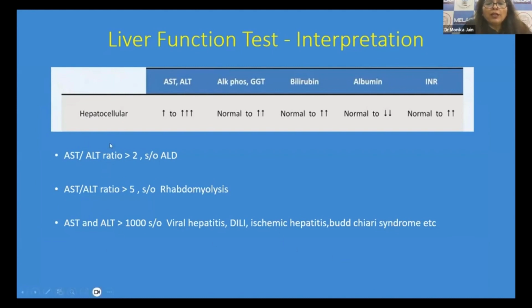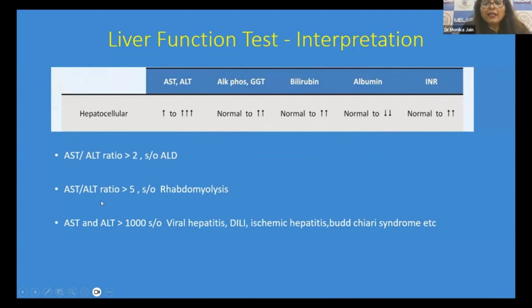Coming to hepatocellular injury, which I have explained, AST, ALT will be high, alkaline phosphatase may be normal or high, bilirubin may be normal or high, albumin may be normal or reduced, INR may be normal or raised depending on the duration of illness. In this case, if we have an AST, ALT ratio more than 2, that means probably the injury is due to alcohol.